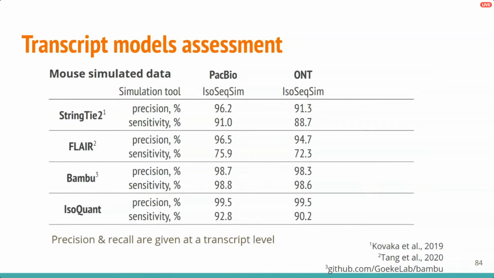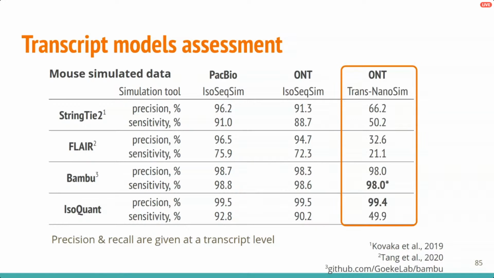We did it for non-true nanopore data with uniform error rate, and as you see, all tools that we compared against, StringTie2, Flare, Bambu, they have pretty high precision in all cases, and I would say sensitivity. Well, maybe except Bambu has high sensitivity, but I'll mention that a bit later.